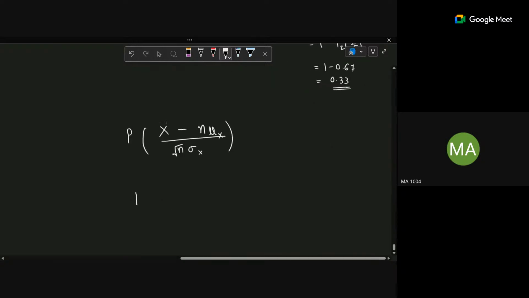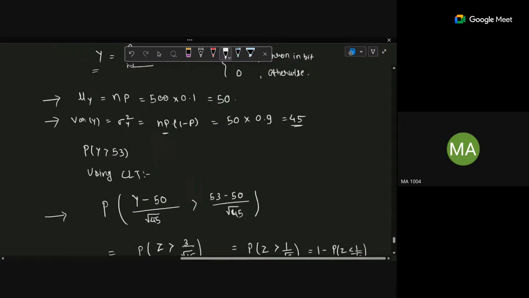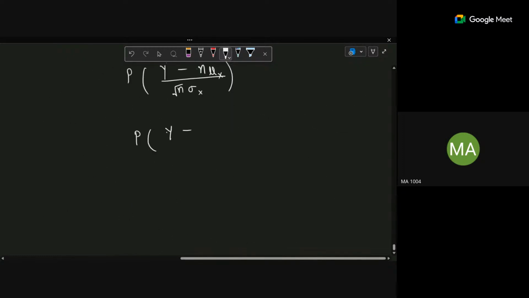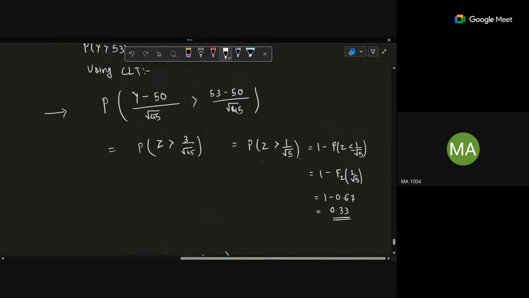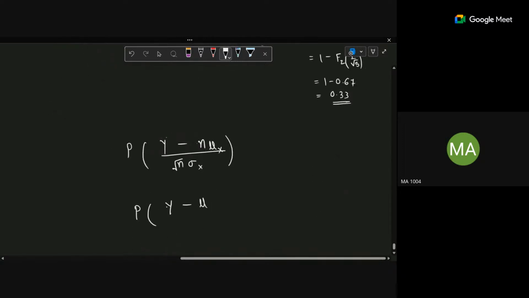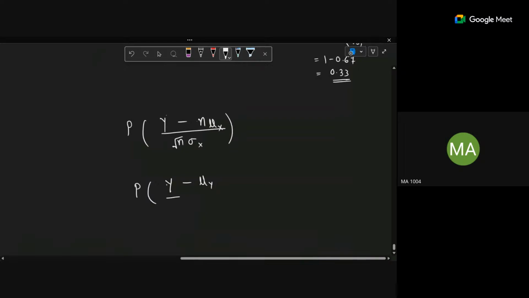Similarly, you can take it as Y also, because in this particular question our Y denotes the summation of X. So Y minus n mu x upon square root n sigma x is equivalent to Y minus mu y, the mean of Y, divided by sigma y.